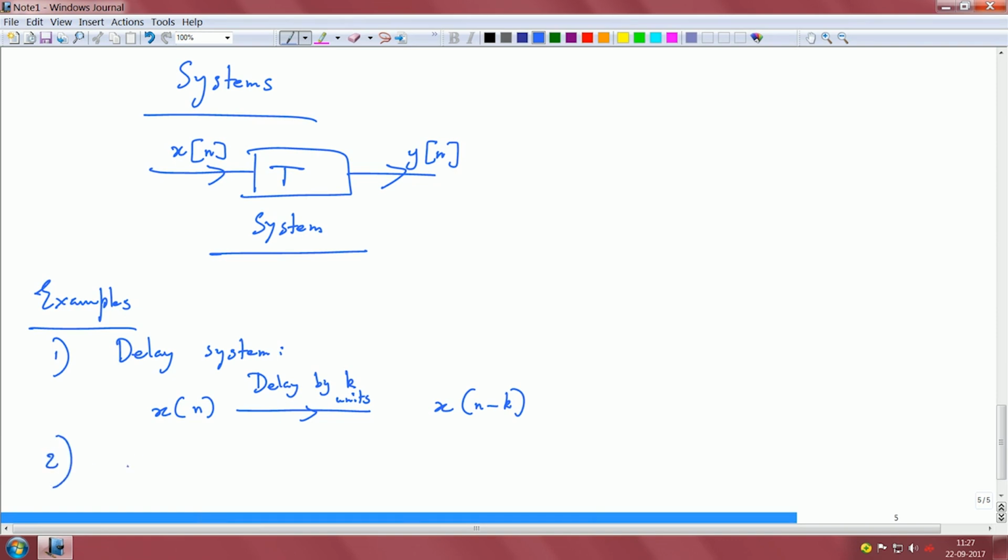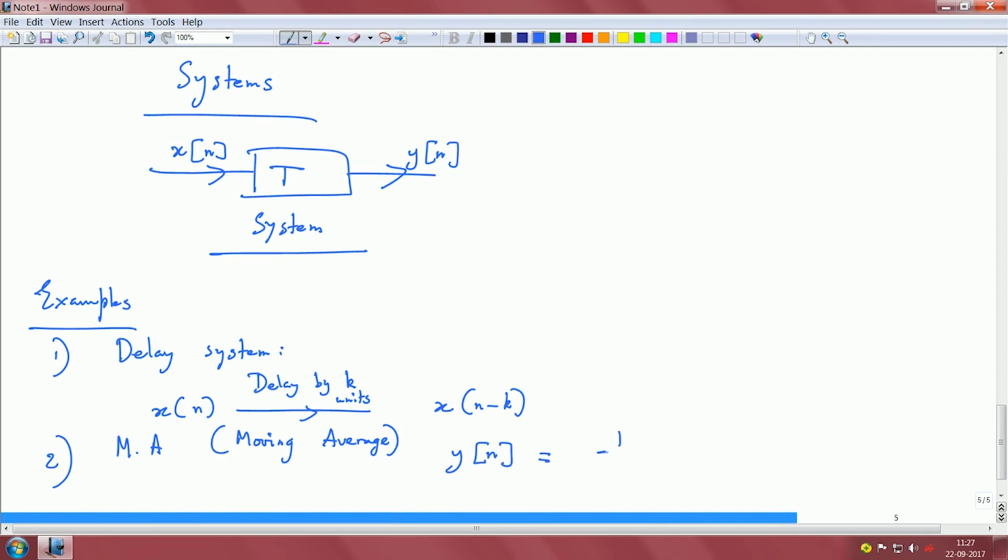We can have a moving average system. And what is this moving average system? This can be described by this equation.